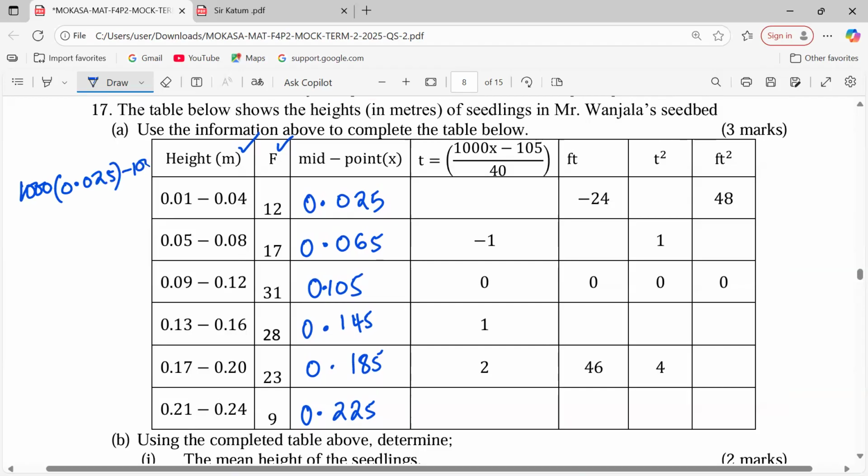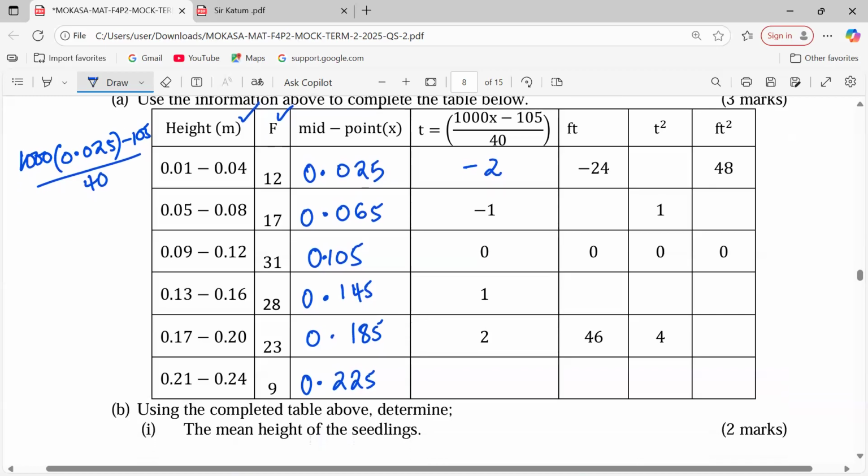Then we subtract 105, and after that, we divide by 40. Then you go to your calculator and substitute that value very carefully. 1,000 into 0.025. Then we subtract 105. Then everything divided by 40. We get -2.